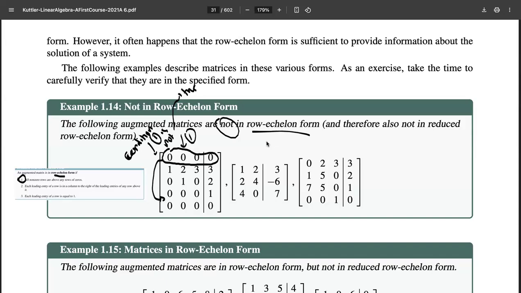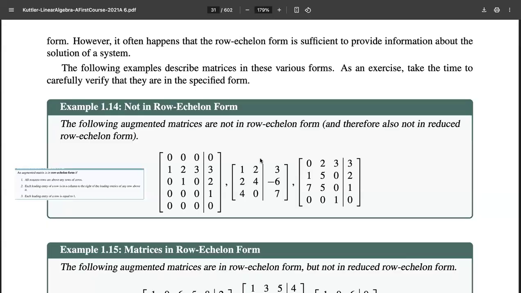Let's look at the second matrix right here. Let's identify all the leading entries.